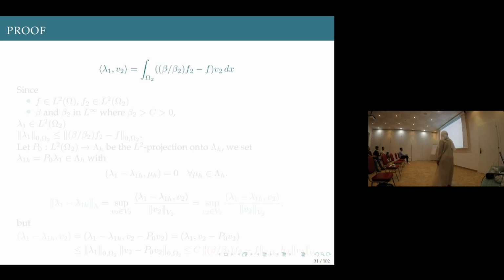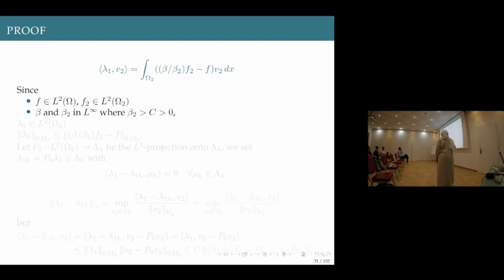So let's start with the blue part. This is the duality between lambda 1 and v2. As you can see, from the definition of the problem, if you remember, f is in L2 of omega, and f2 is in L2 of omega 2. Beta and beta 2 are in L infinity, and beta 2 is bounded away from 0.